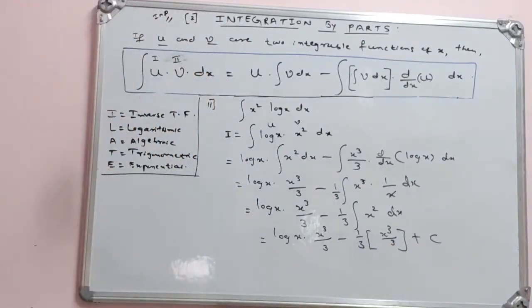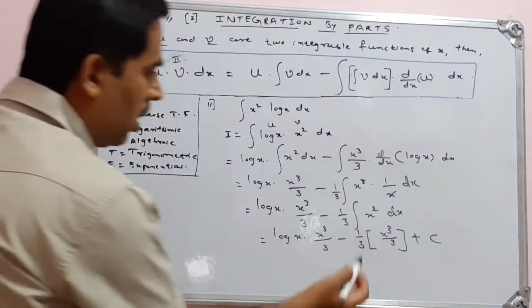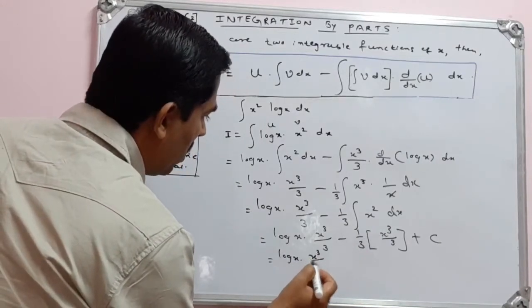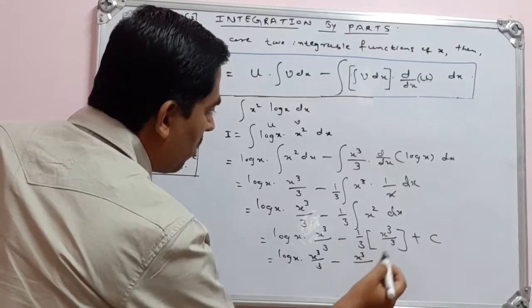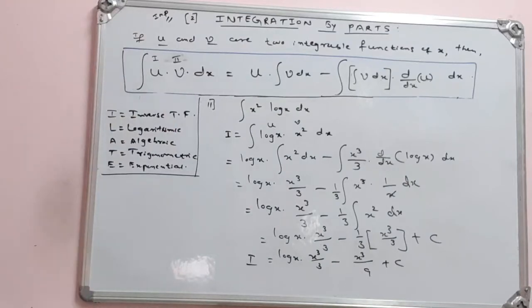I will write the constant of integration at the end. We can stop at this step. Otherwise, if you want, you can write log x into x cube by 3 minus x cube divided by 3 times 3, that is 9, plus constant of integration. So this will be our final answer.